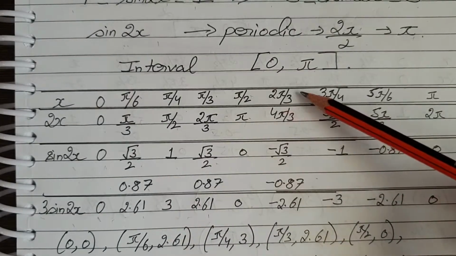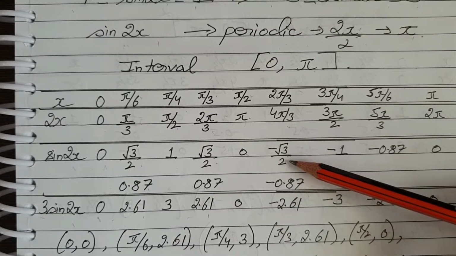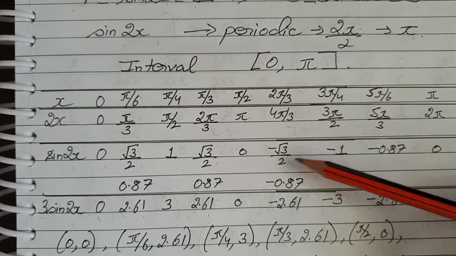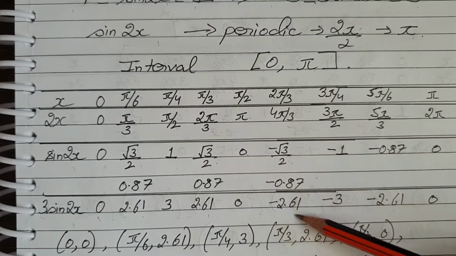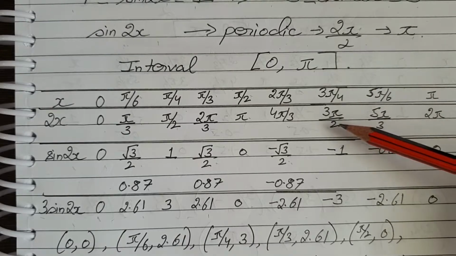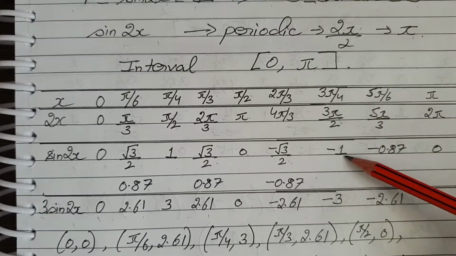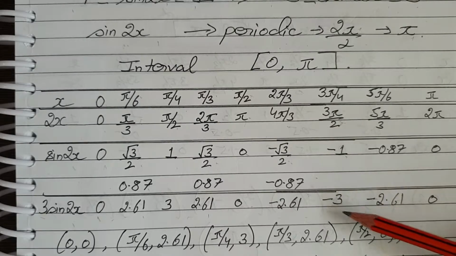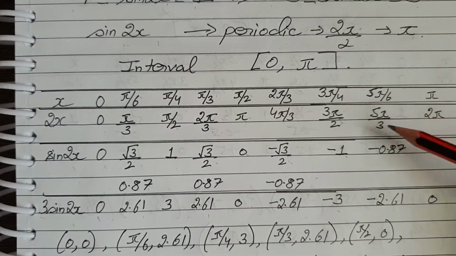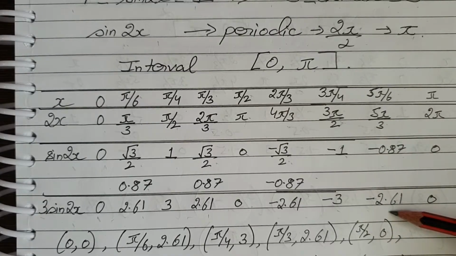This is 2 pi by 3, twice of it will become 4 pi by 3, and this will be minus root 3 by 2, which is minus 0.87 times 3, minus 2.61. Similarly, this was 3 pi by 4, we do 2x, 3 pi by 2, this is minus 1, then times 3, minus 3. 5 pi by 6, 2 times will become 5 pi by 3, which is minus 0.87 times 3, minus 2.61.